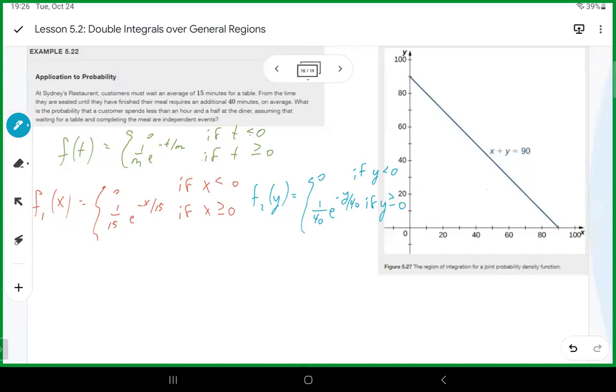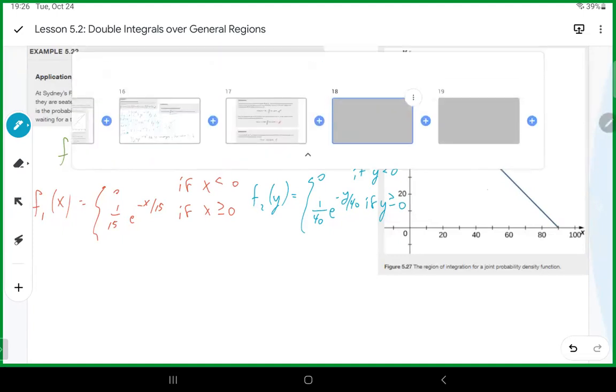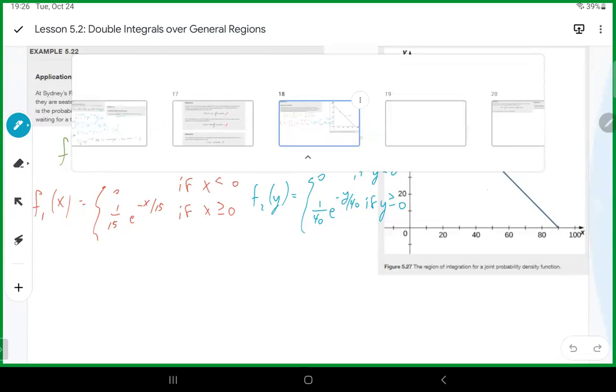So this is one of the longer, probably the longest example. So I'm probably gonna have to add my extra slide in right here.